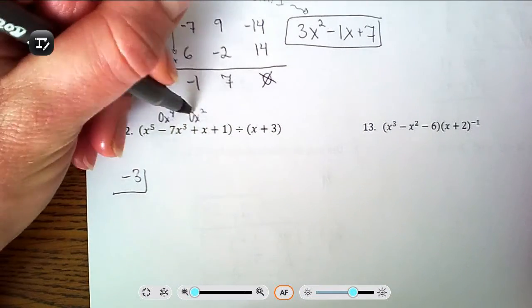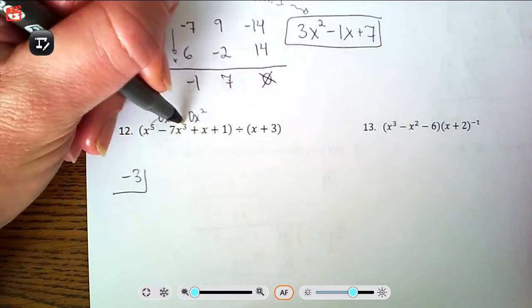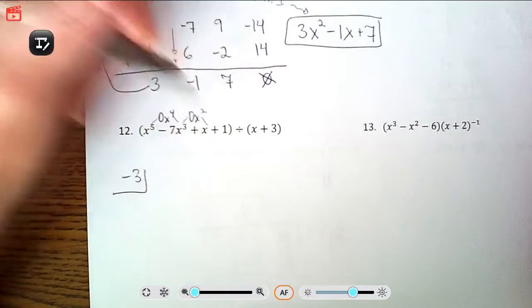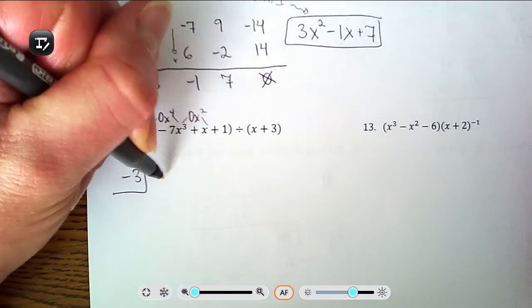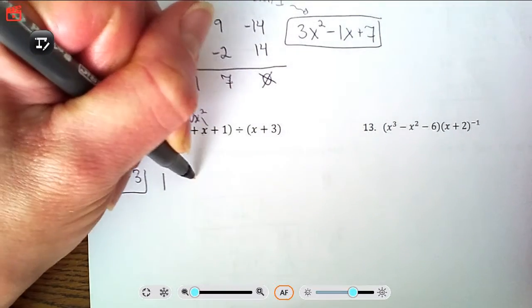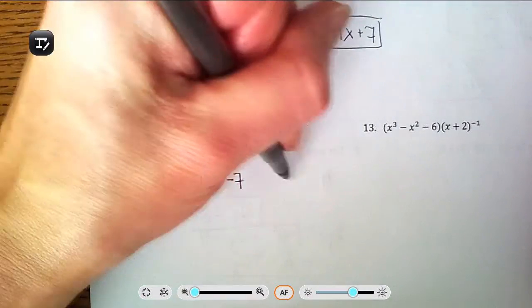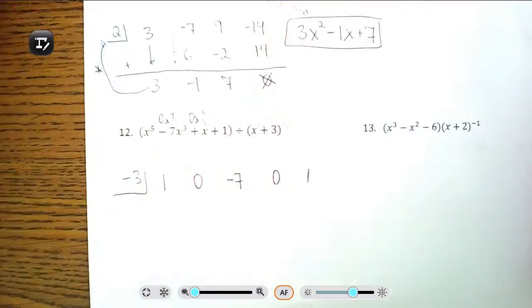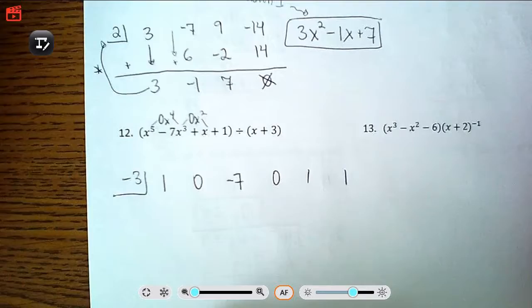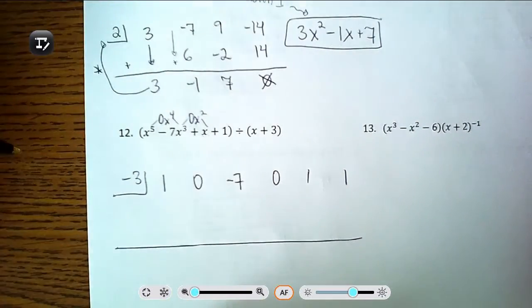So let's go ahead and make sure that we follow this idea of term to term here. So I have 1 x to the 5th, 0 x to the 4th, negative 7x to the third, 0x squared, 1x, and 1 to finish it off. Okay.